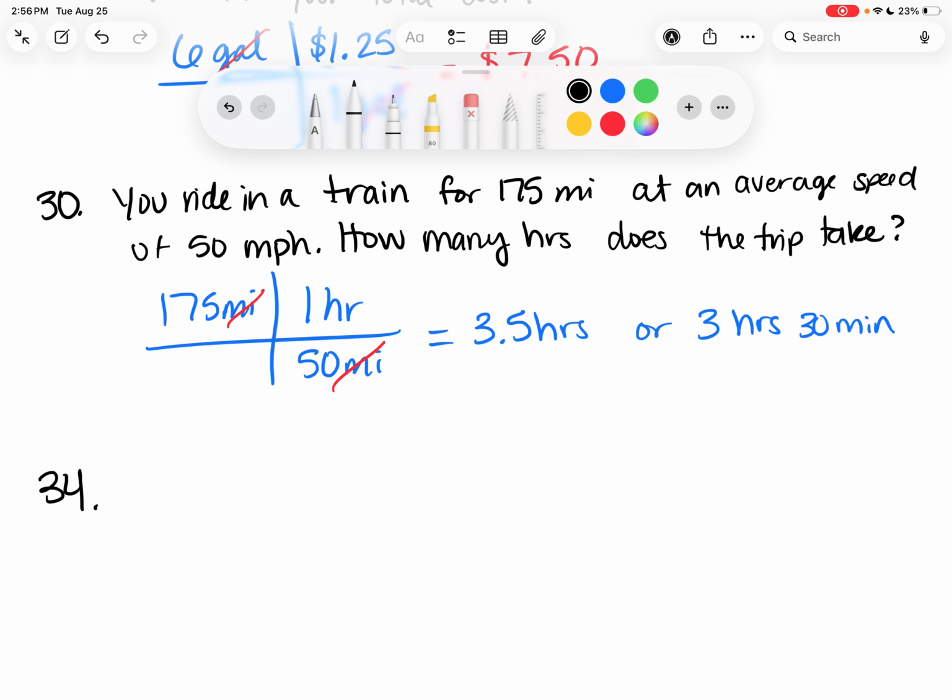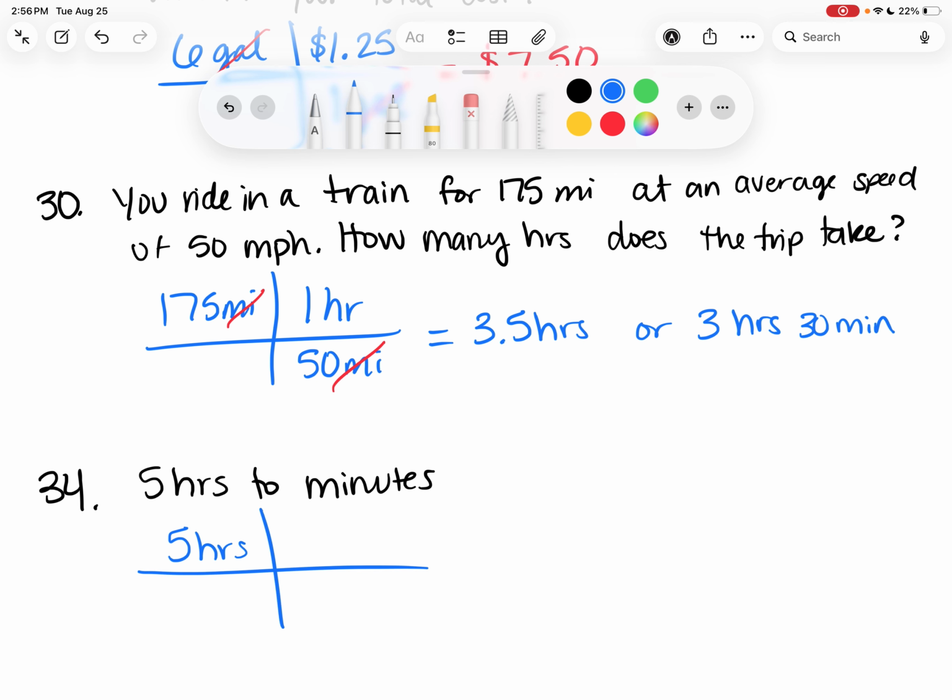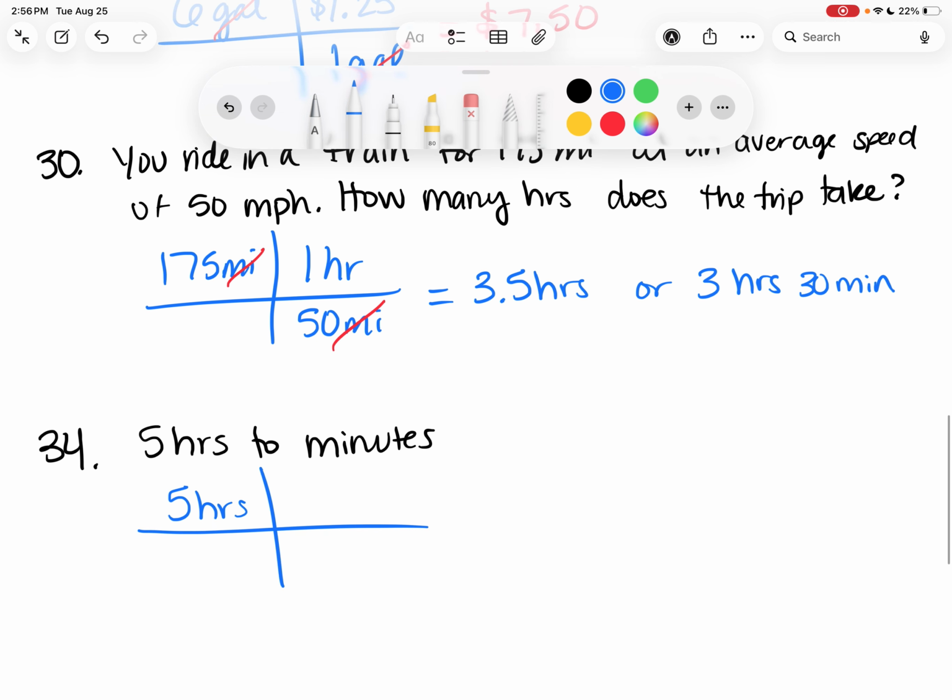All right, 34, 5 hours to minutes. So basically, I want to know how many minutes are in 5 hours. Again, I'm going to set up my little chart here. We already said there are 60 minutes in an hour, so the hours have to go on the bottom and 60 minutes is on top.